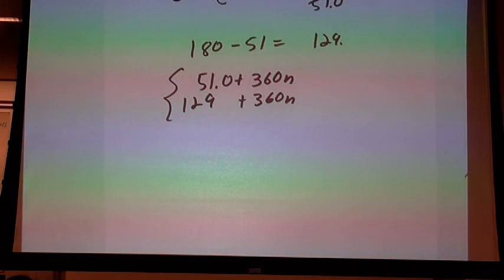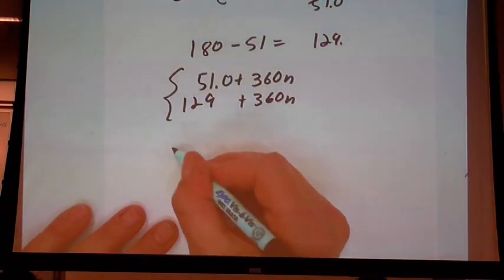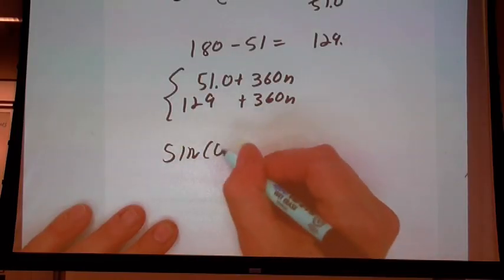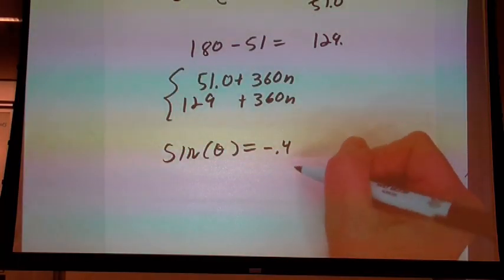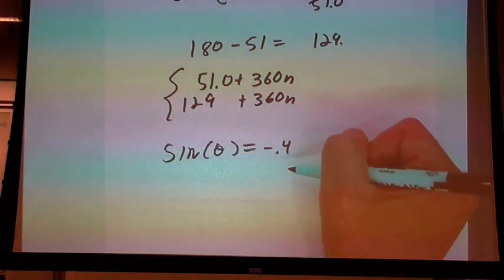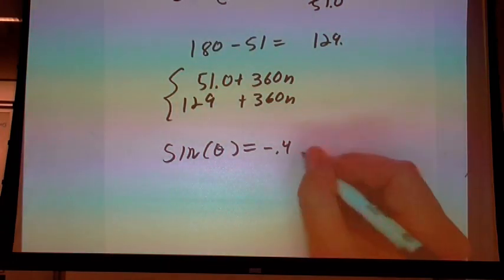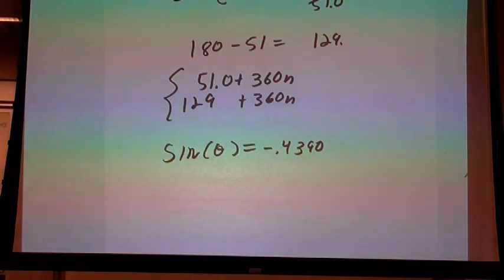Okay. So let's write this down. It says the sine of theta equals negative 0.4. Now let's also look at: find all solutions over the interval 0 to 2pi. Okay.